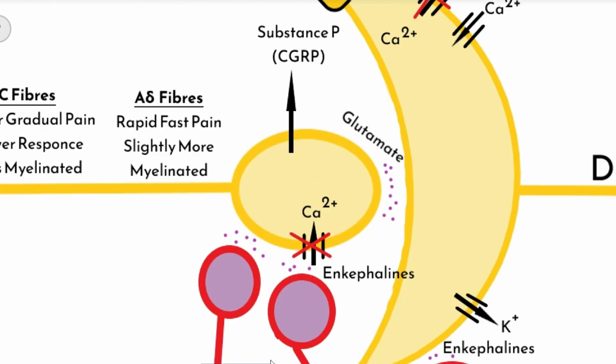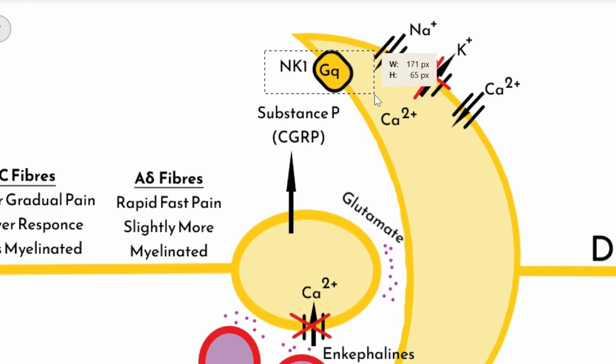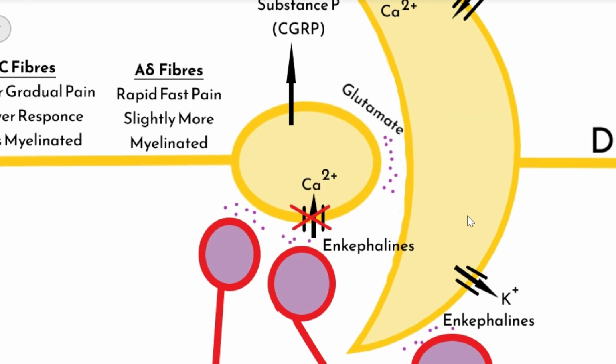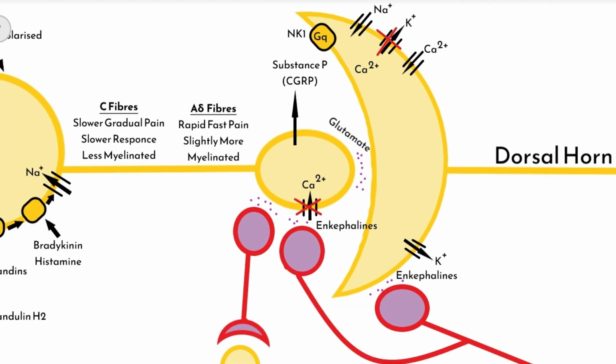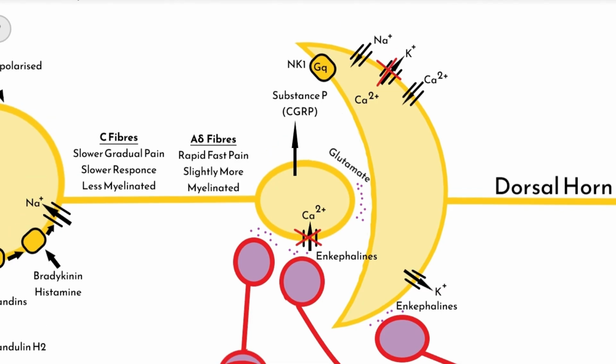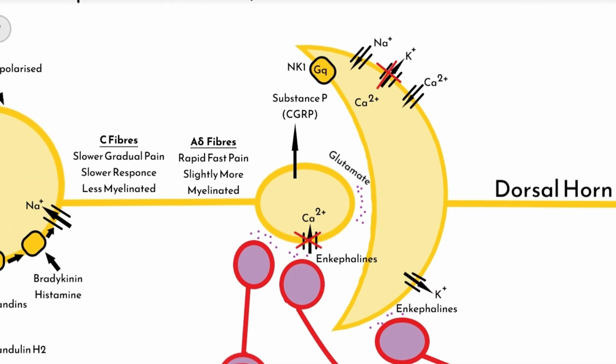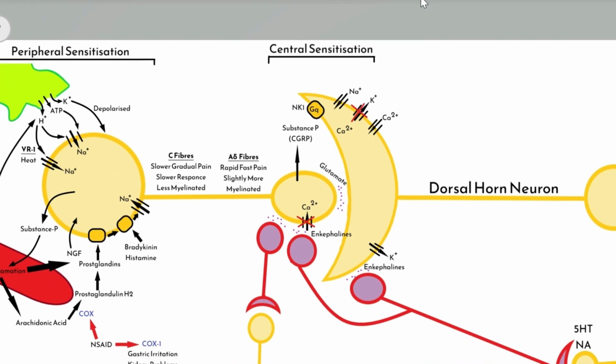You can block your neurokinin 1 receptor up here, which will prevent your central sensitization, and you can block glutamate receptors, NMDA and AMPA receptors here. Obviously, you do need to be a bit more specific. If you're doing something like glutamate, it's a lot less specific to the pain reception pathway. There is also some success with selective serotonin reuptake inhibitors and cannabinoid agonists, though I'm not 100% sure on their actual mechanism of functioning.